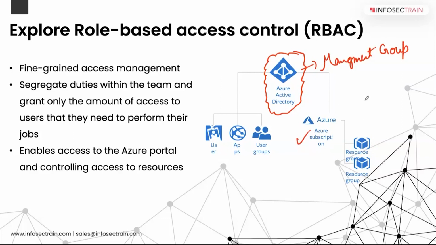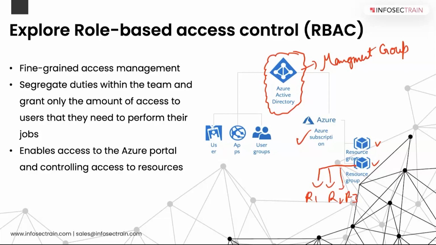Inside that, this is a whole hierarchical architecture. Inside that subscription, you'll be having the resource groups. And these resource groups are going to have resources like virtual machines, databases, these kinds of things. So this is the scope, and you need to understand that there are different levels of roles that you can apply. It's just like a common thing: you inherit something from your parents.